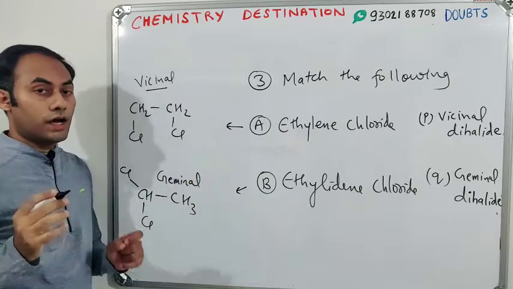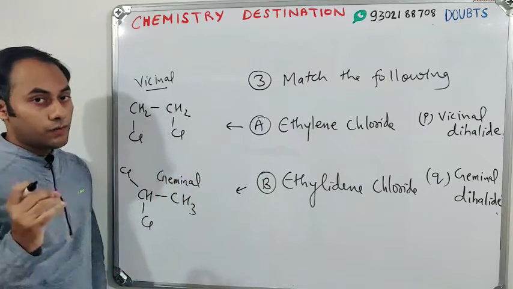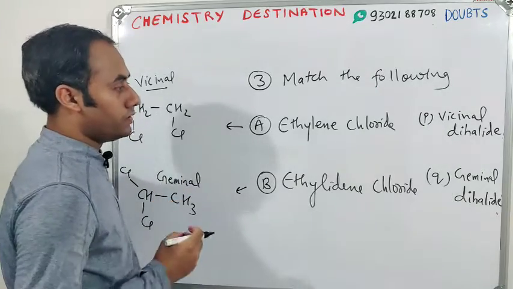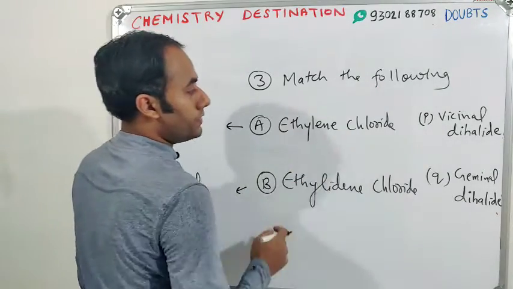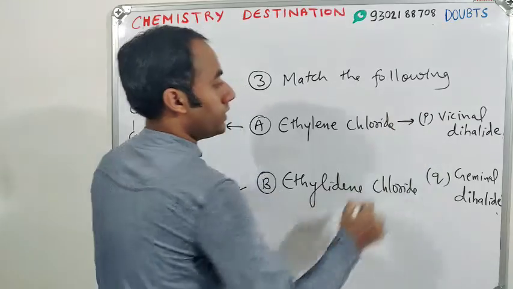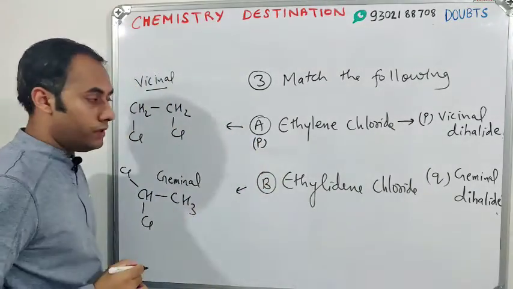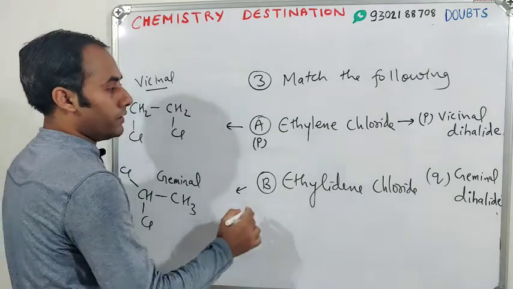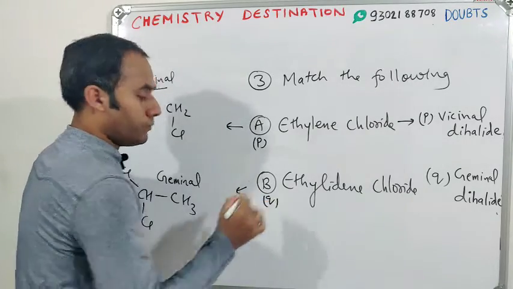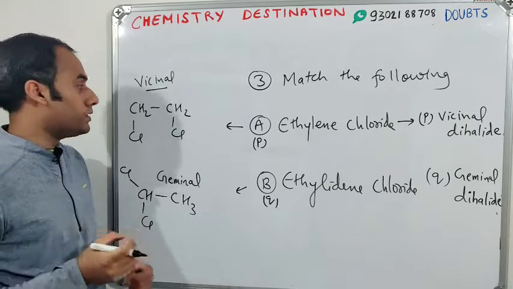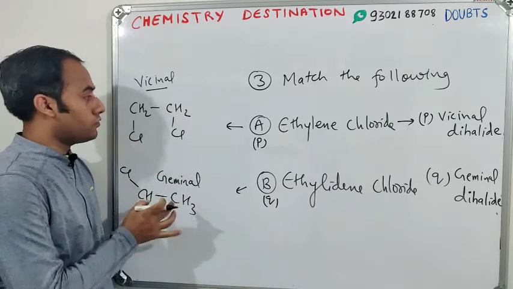Such compounds are called geminal compounds. Okay, so if we see, ethylene chloride is a vicinal dihalide, so A will match with P and B will match with Q. Now we can also write the IUPAC names of these two compounds.